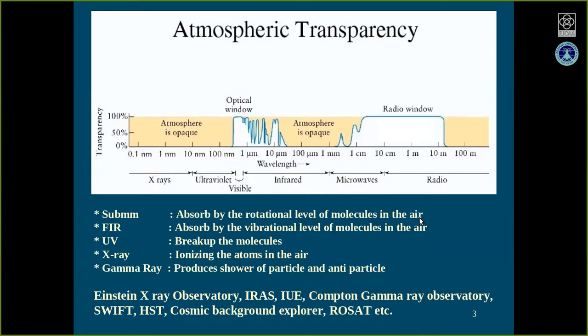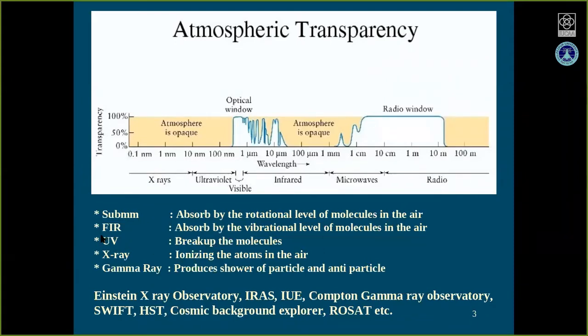Our air is full of molecules, so that sub-mm photon is absorbed by the rotational levels of molecules. Far infrared photon is absorbed by the vibrational levels of molecules in the air. So it will be absorbed by the molecules.